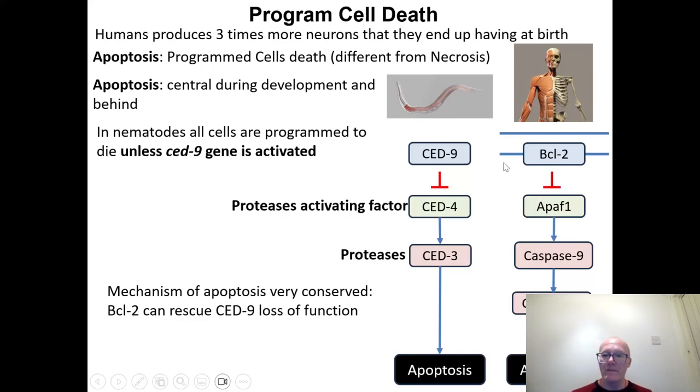So BCL2 is the homologue of CED9, and the two proteins are so similar that we can take the protein from humans and put it in the nematode, and they will do exactly the same job. APAF1 is a homologue of CED4, a protease activator factor. When it is active, it induces caspase 9 and 3, which are proteases that chop down all the proteins in the target cell.